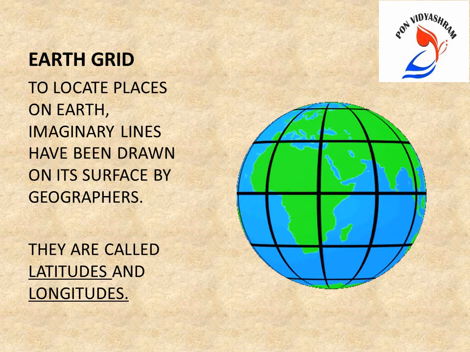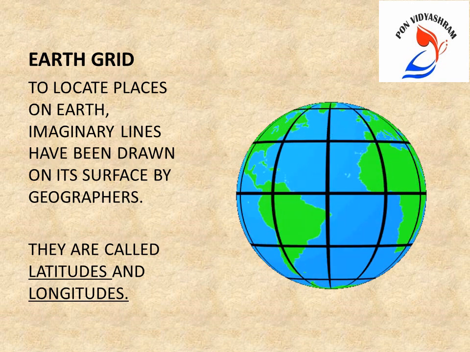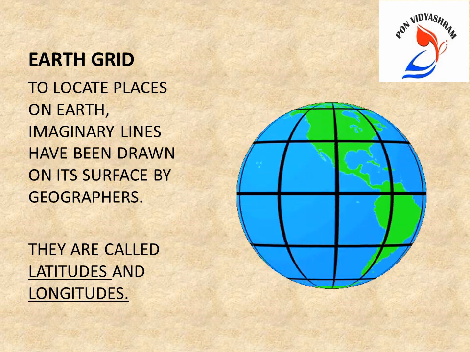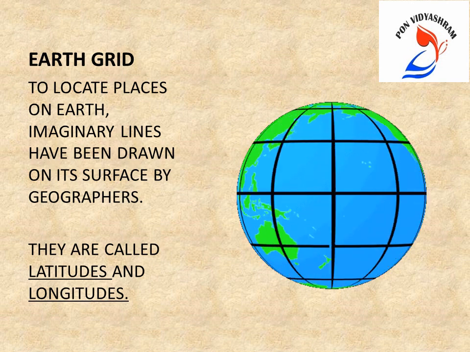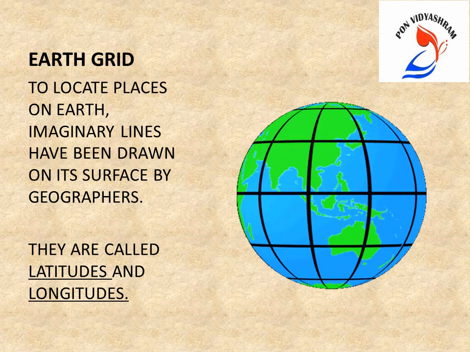To locate places on Earth, imaginary lines have been drawn on its surface by the geographers. Now children, can you see lines drawn on the globe? Yes, the horizontal lines are called latitudes and the vertical lines are called longitudes.